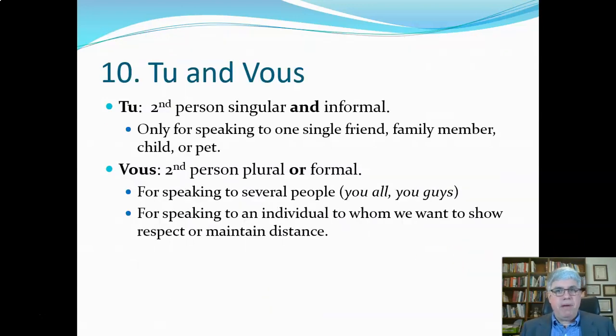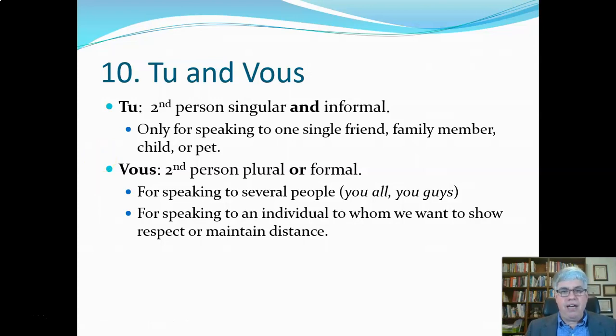Now let's talk about the difference between tu and vous, the second person singular and the second person formal. So we're going to start off with tu, and it's the second person singular whenever you're talking, but it's only used in informal speech. You can't just start calling whoever you meet tu.